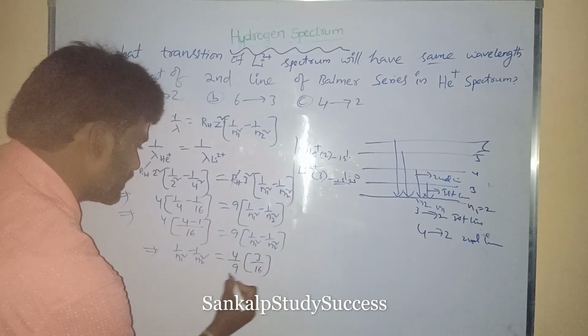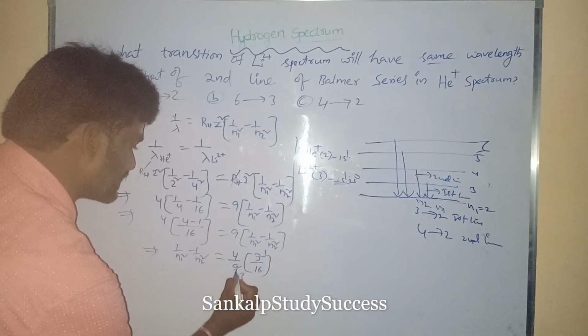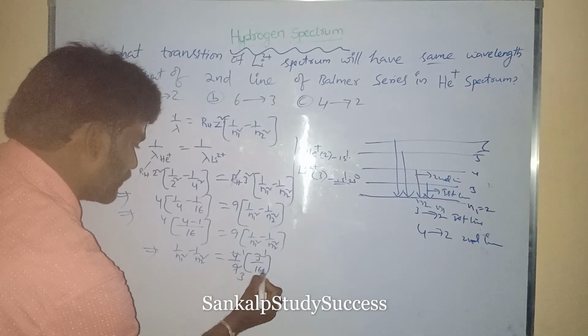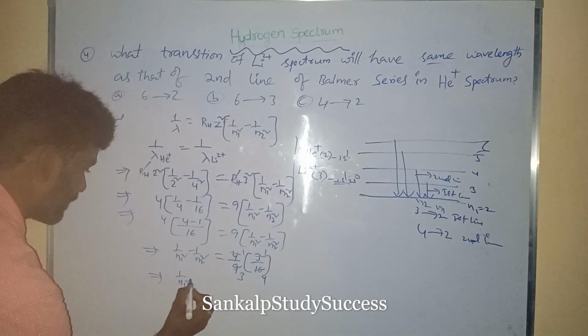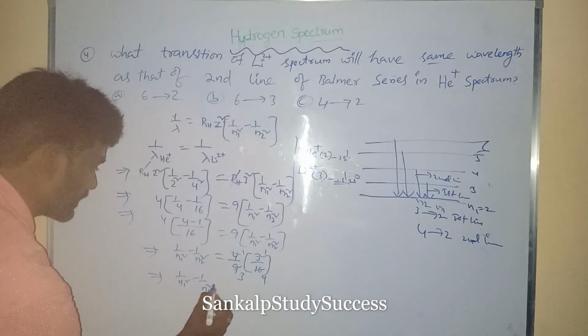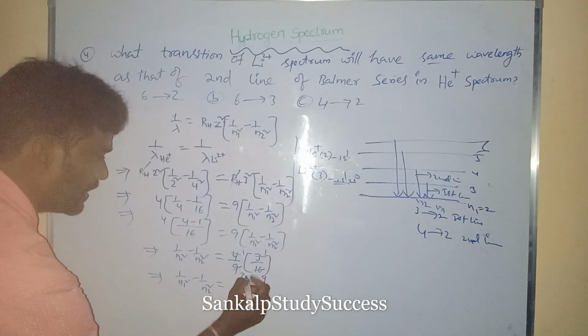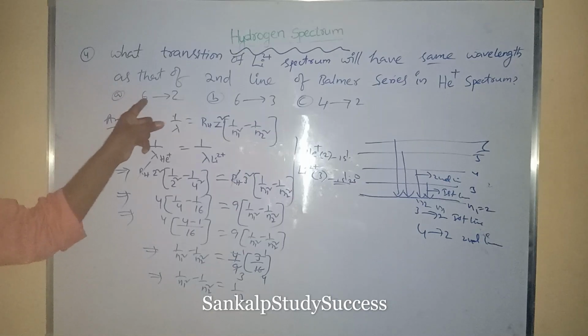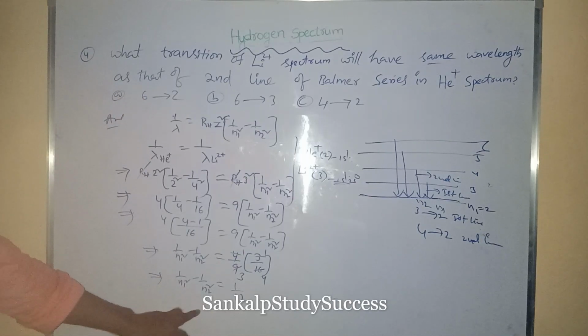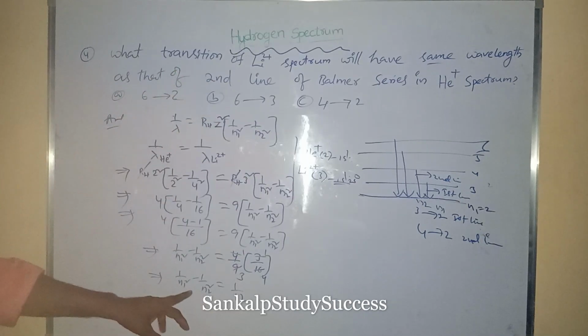So 3 1s are 3, 3 3s are 9, 4 1s are 4, 4 4s are 16. So 1 by n1 square minus 1 by n2 square is equal to 1 by 12, 3 4s are 12.